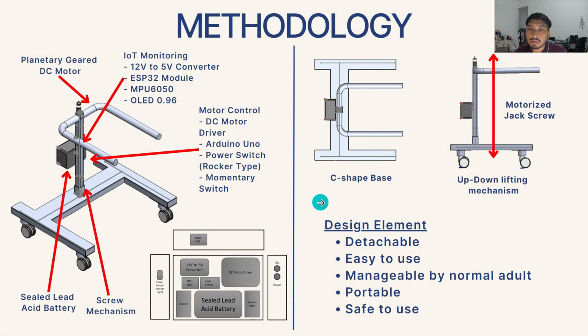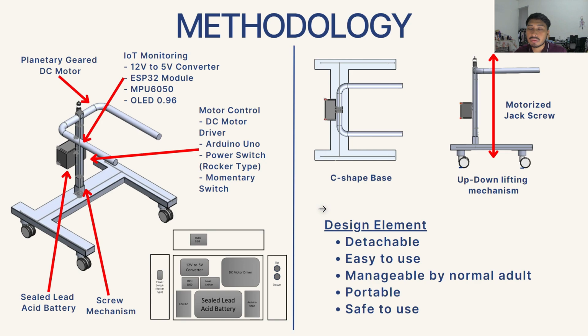Right, after that I decided to set a standard for the design element, which has five important design elements that we need to consider. The first is that it must be detachable. Then the transfer mechanism must be easy to use and manageable by a normal adult.